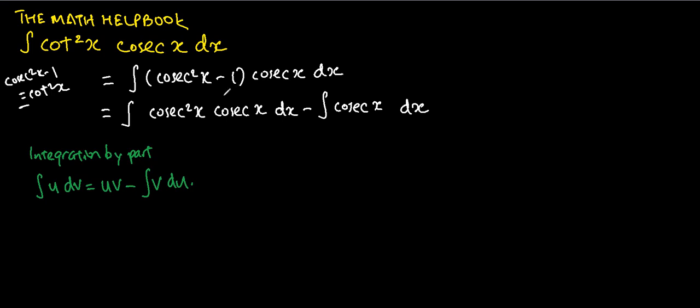Right, so in this case we have identified my u as my cosecant x, and my dv as my cosecant square x.